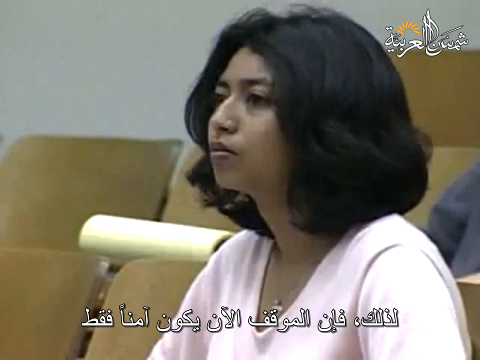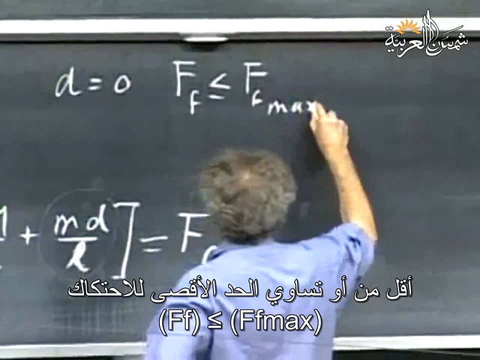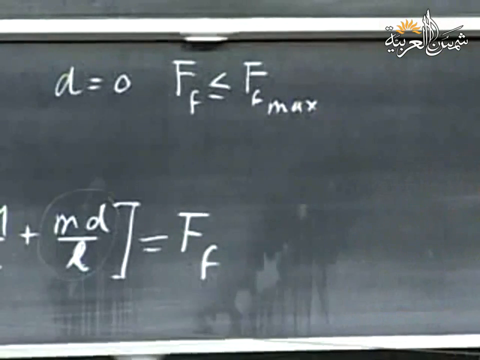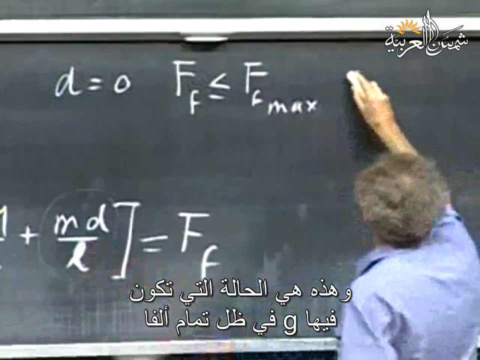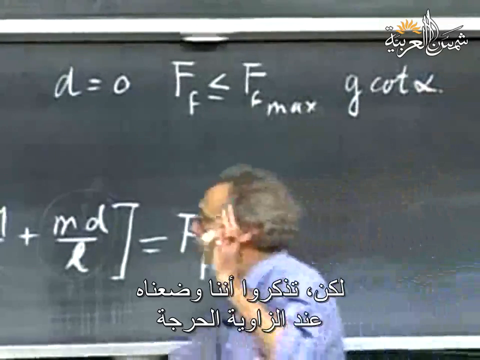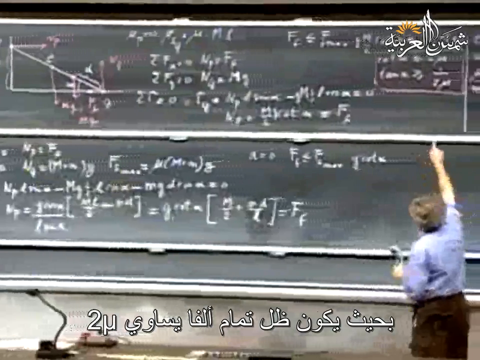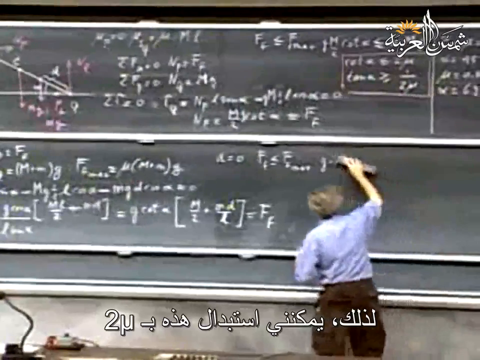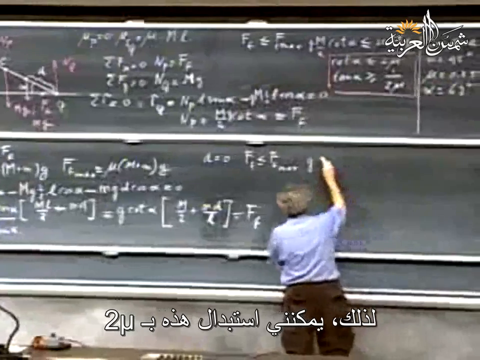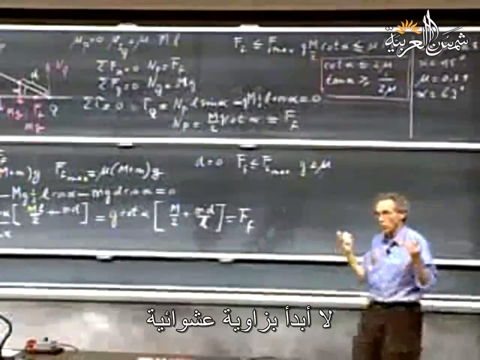So now the situation is only safe as long as the frictional force is smaller or equal to the maximum value possible. And that's the case when g cotangent alpha, but remember, we set it at the critical angle so that cotangent alpha is 2 mu. So I can replace this by 2 mu, because that's the way I set up my experiment. I start that way. I don't start with a random angle.